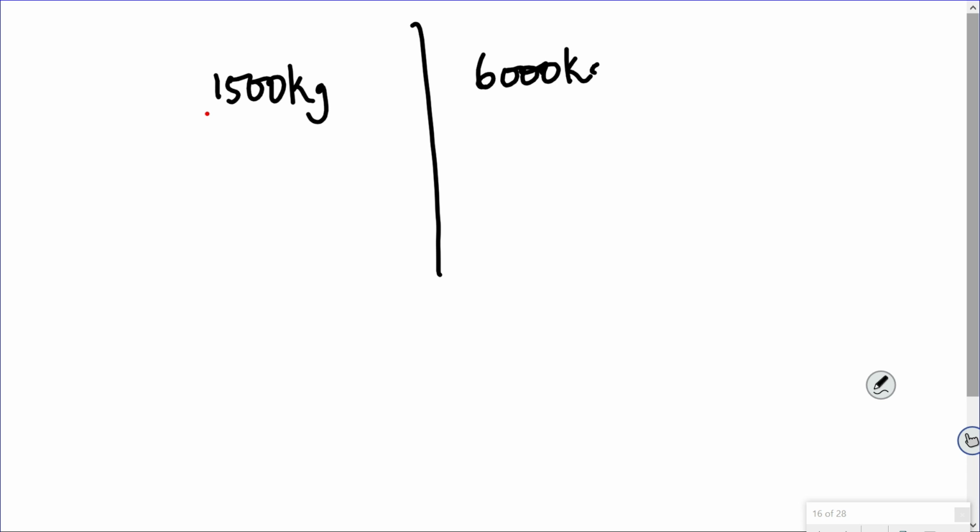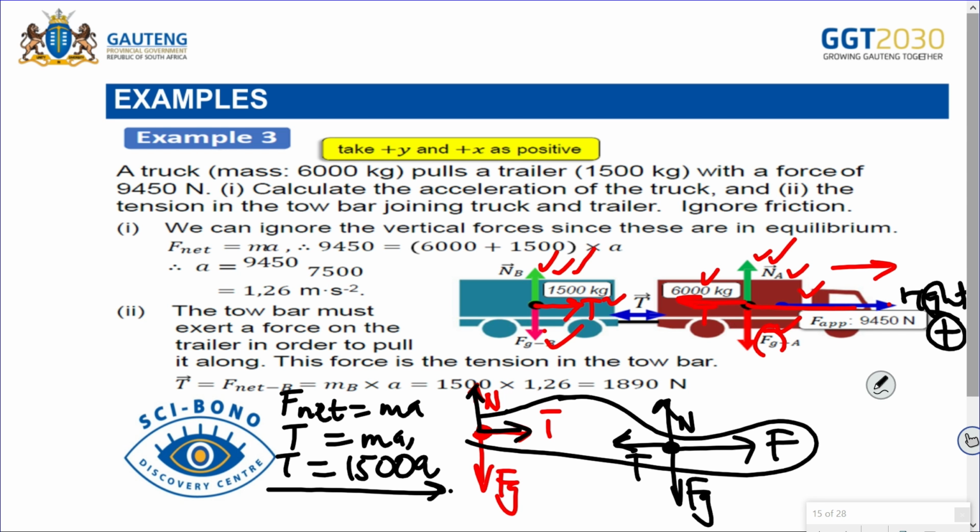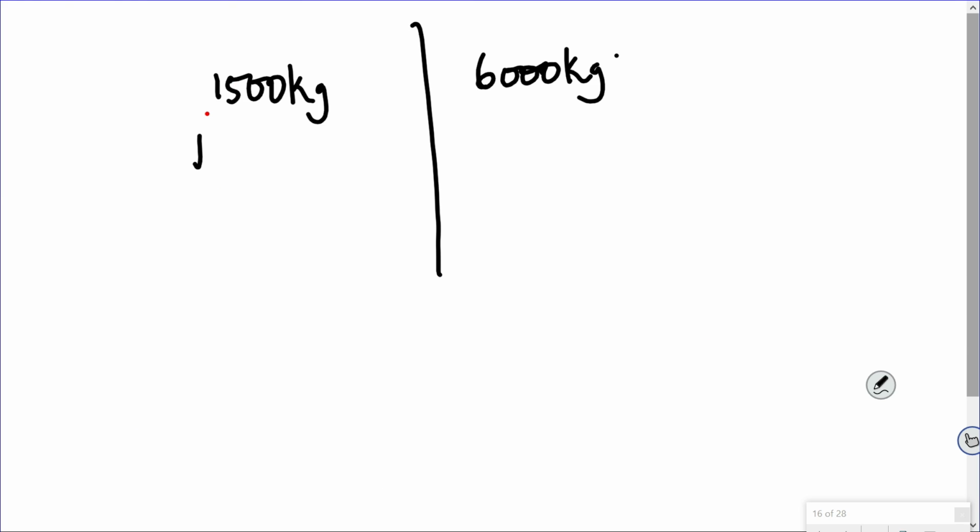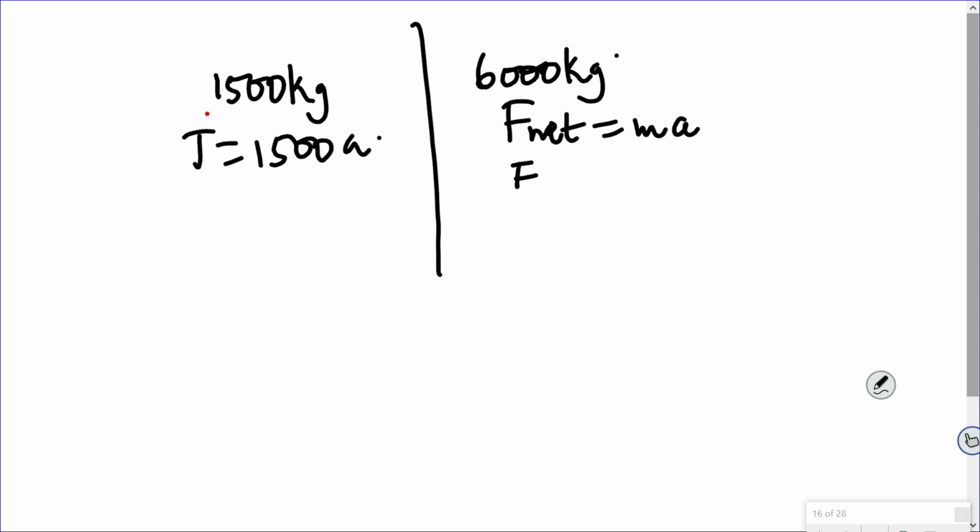So for the 6,000 kilogram object, I'm having for the 1,500, T equals 1,500 A. And then for this one, it will be F net equals MA. Then it's F minus T equals MA.